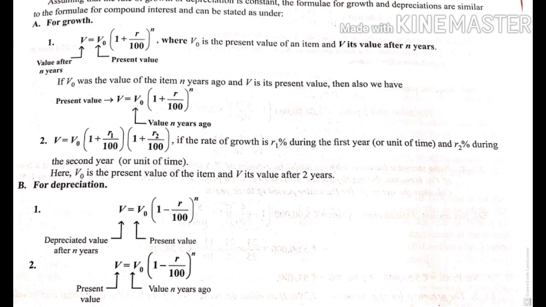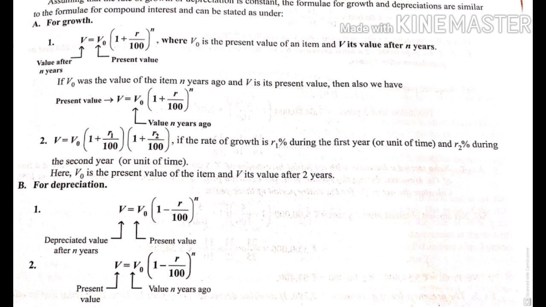Now here are some formulas for growth. Here V is equal to V0 (1 plus R upon 100) power n. Here V0 is the present value, means if the population now is given, then we place it in the place of principal in our formula, and V is the value after n years, means that is the amount like we have in our compound interest formula.